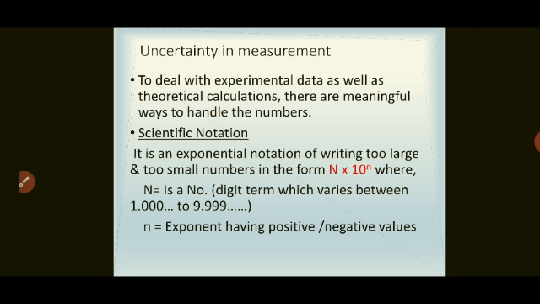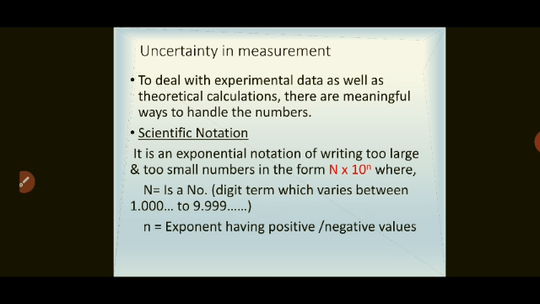So when we are dealing with the measurement of all these quantities, we need some apparatus, is it? These apparatus may vary, and because of that even the experimental data varies compared to theoretical calculations, right?